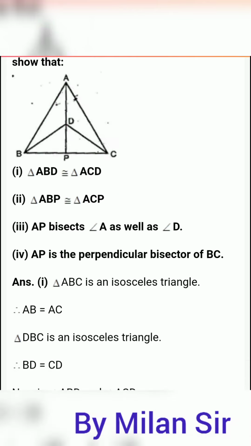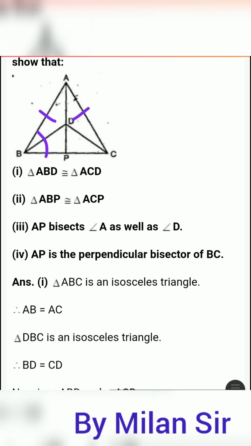So how can we prove this? In these two triangles, AB is equal to AC. Angle B is equal to angle C, because if two sides are the same, then the opposite angles are the same.